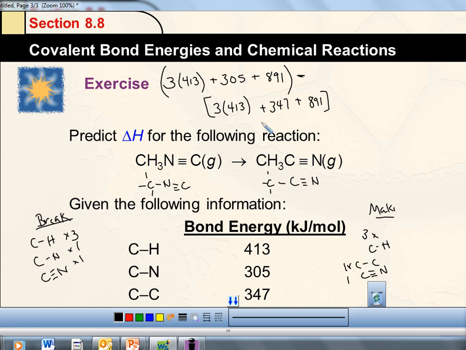Energy coming out. When you put all of this on your calculator, you end up getting negative 42 kilojoules. Your moles all cancel when you multiply it by the coefficient. And this tells me that this is an exothermic reaction. This is, I think, the 4th way we have talked about determining enthalpy of a reaction.